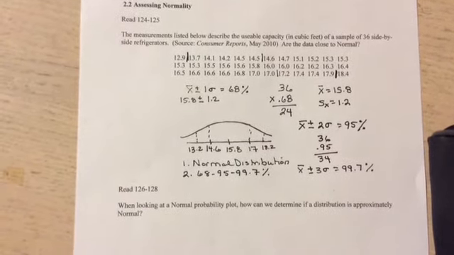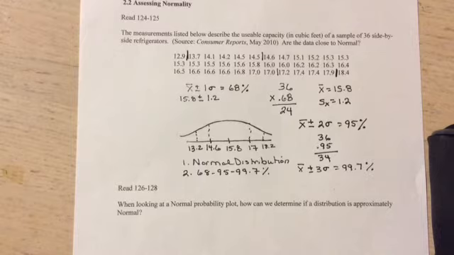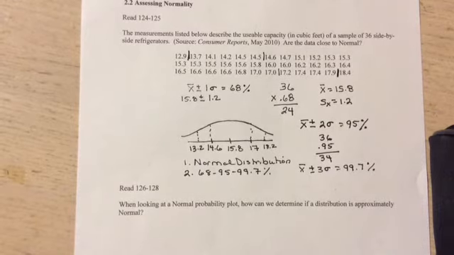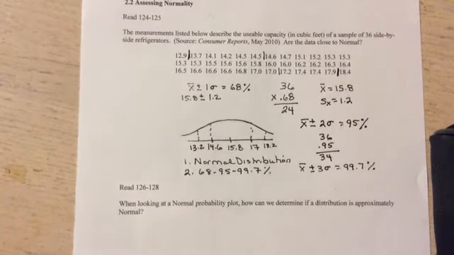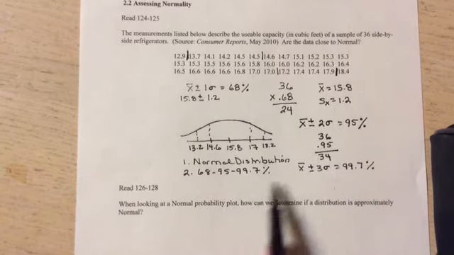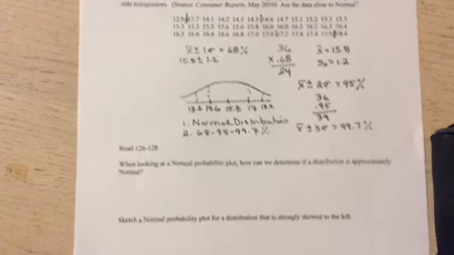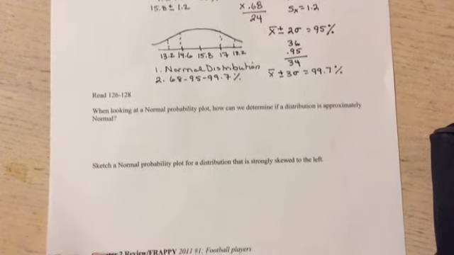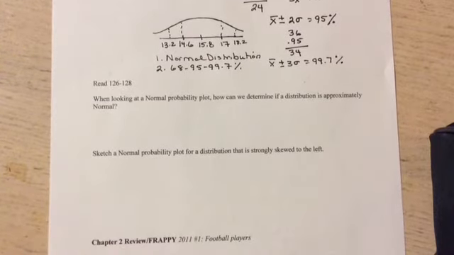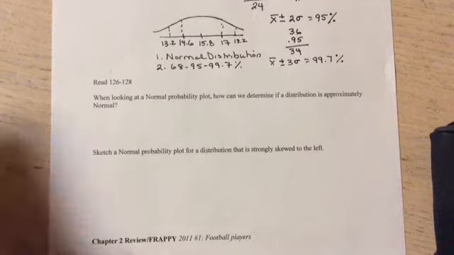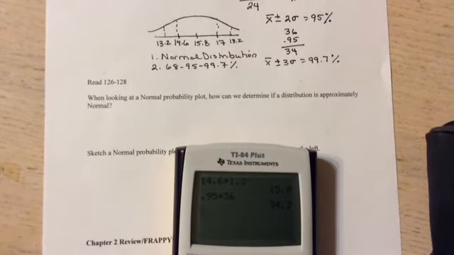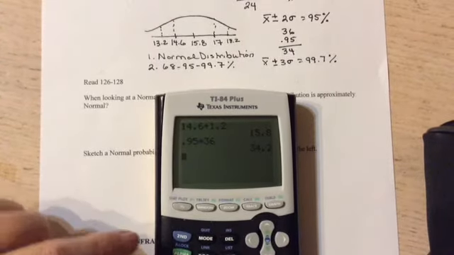The last thing that we're going to look at is a normal probability plot. Because this would be a whole lot of work if we had to do this every single time that we wanted to check to see if a distribution was normal. And so there is a better way. And the better way is with another graph on our calculator.